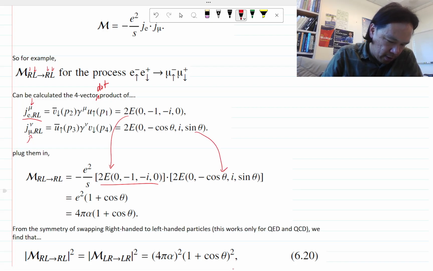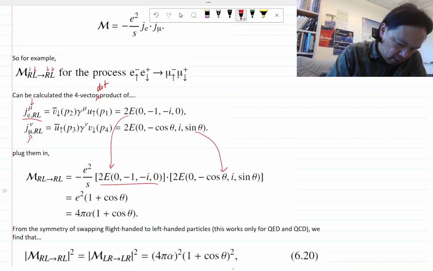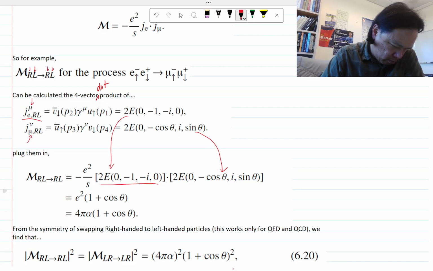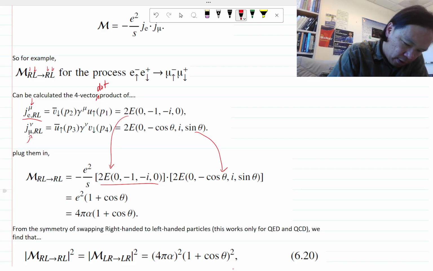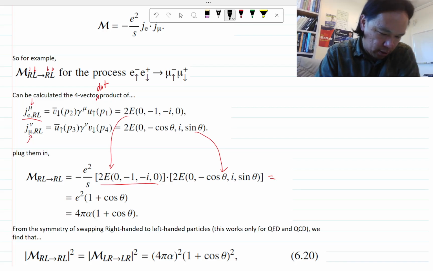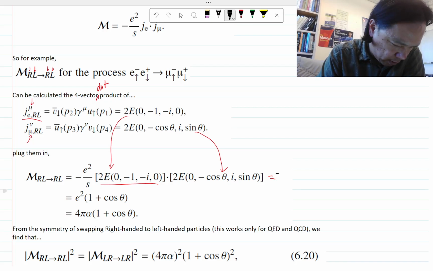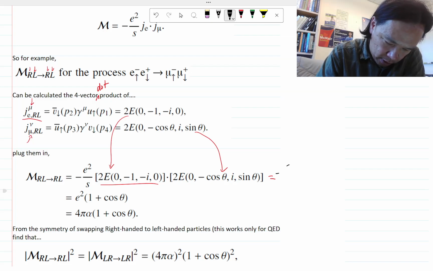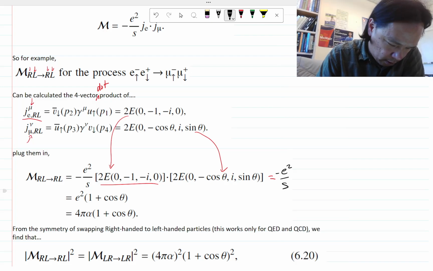You're going to get a factor of 4 times the energy. So I think Thomson is skipping some steps, he's testing my algebra-ness of this. So let's keep the E squared, and then you have S on the bottom.